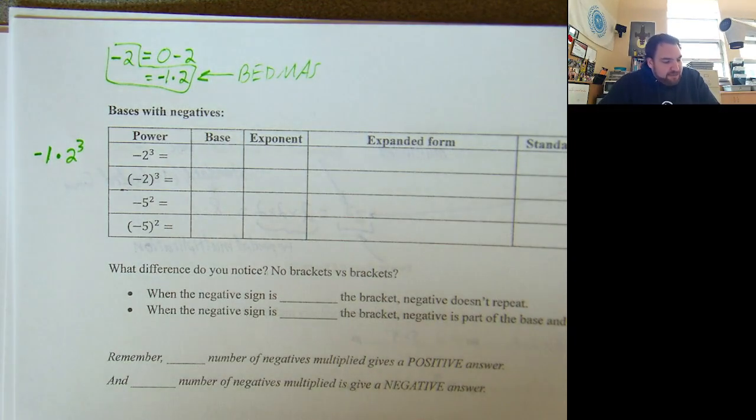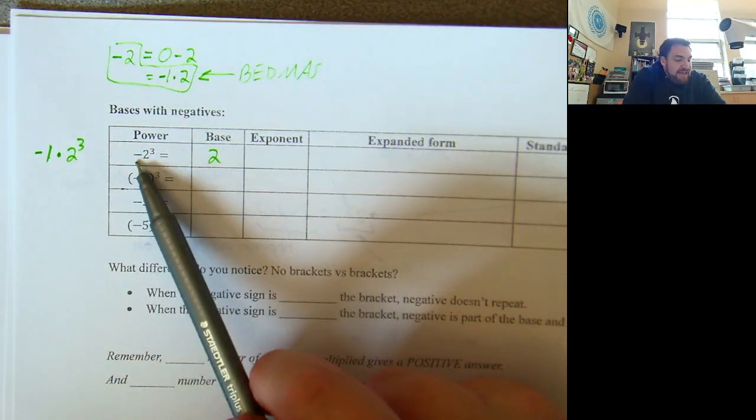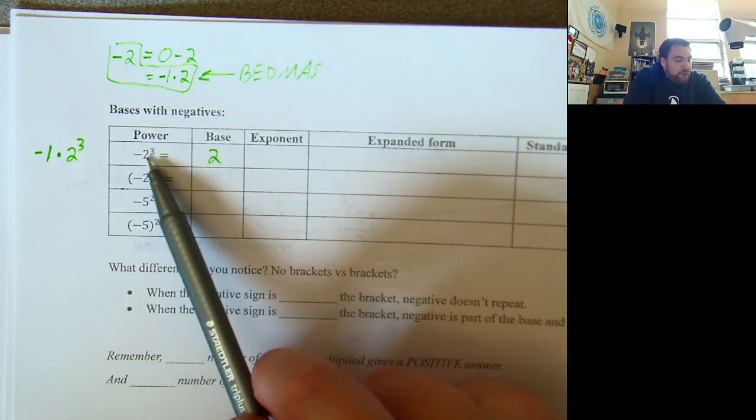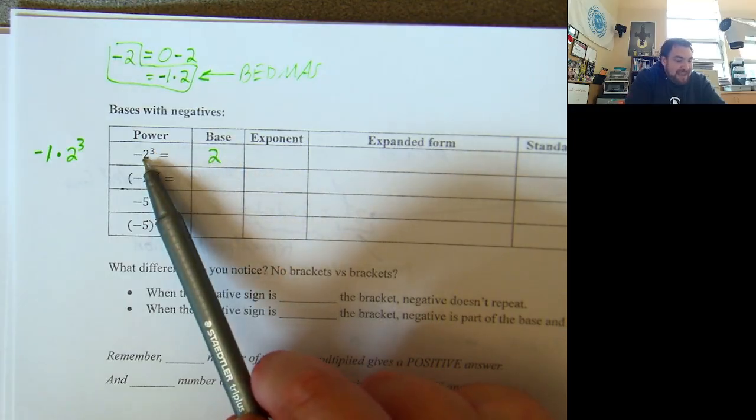BEDMAS says brackets. Are there brackets? No. Are there exponents? Yeah, there are now. So that exponent has to happen before the -1 gets multiplied on. If I have -2 cubed, no brackets, what's being repeatedly multiplied? 2, not -2. Without brackets, the base is 2 because the exponent comes first.